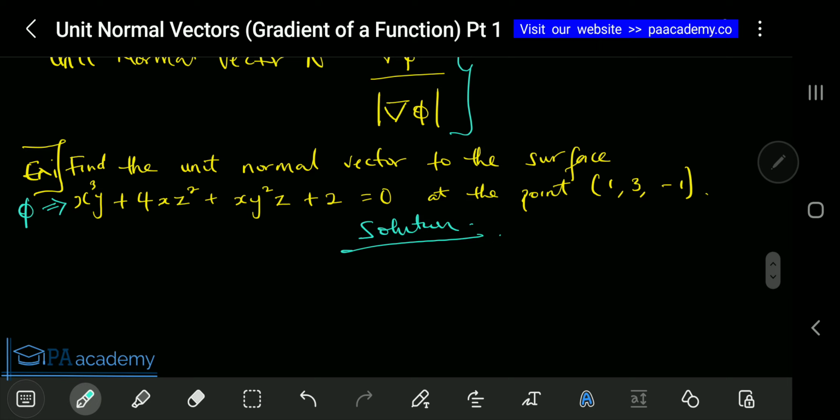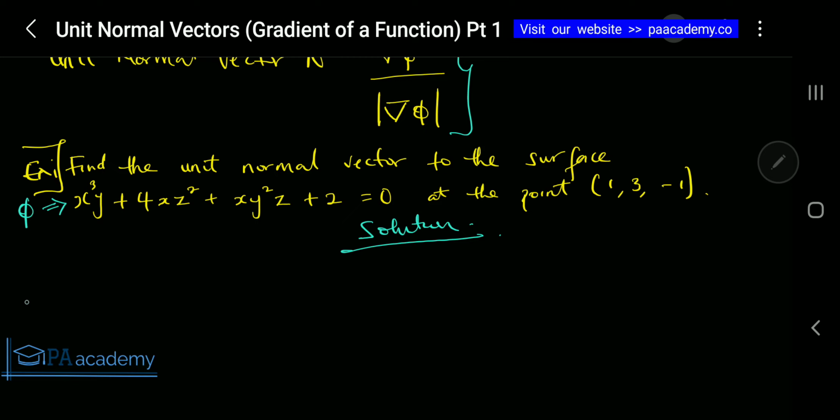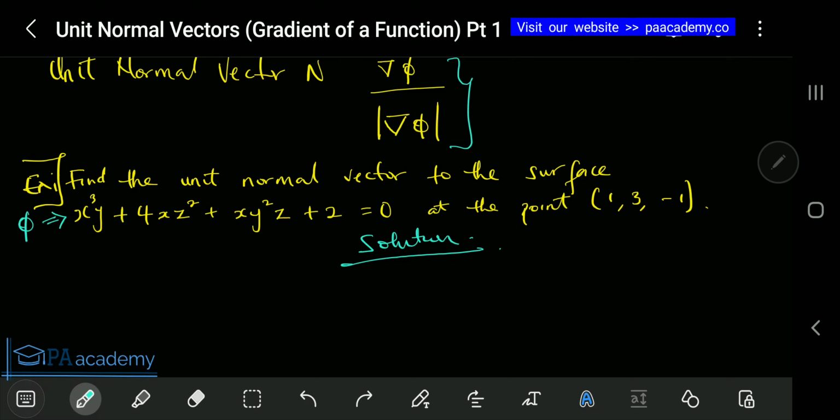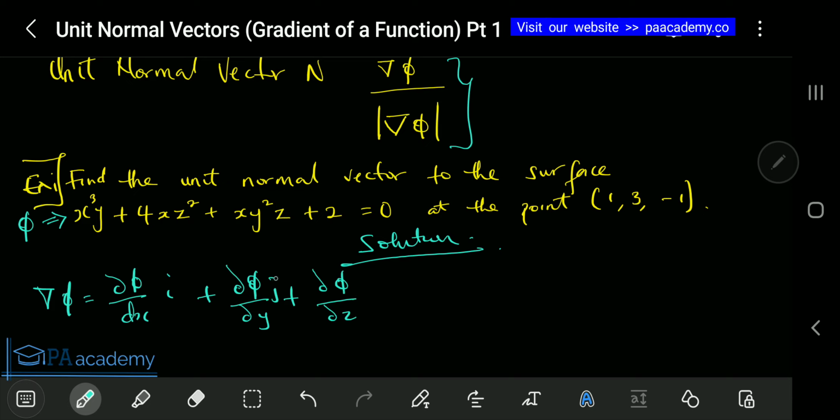Like we've already established in the other video under gradient, the formula for the gradient of a particular function is: grad of phi is the partial differential of phi with respect to x of i plus the partial with respect to y of j plus the partial with respect to z of k. So i, j, and k.